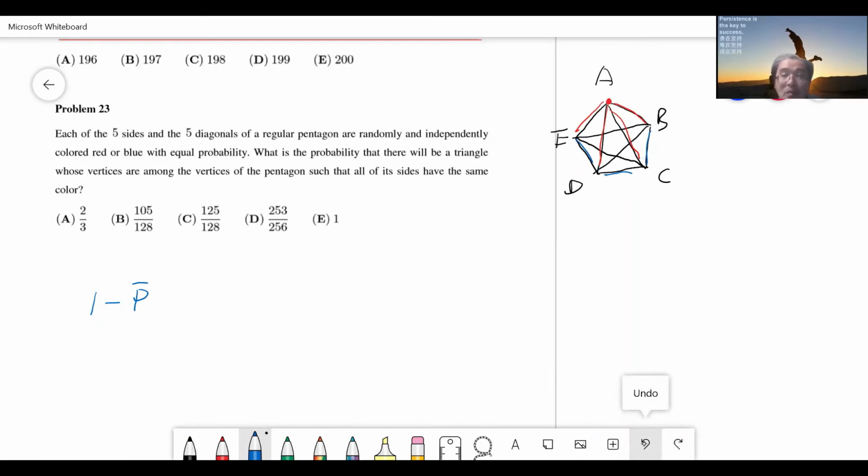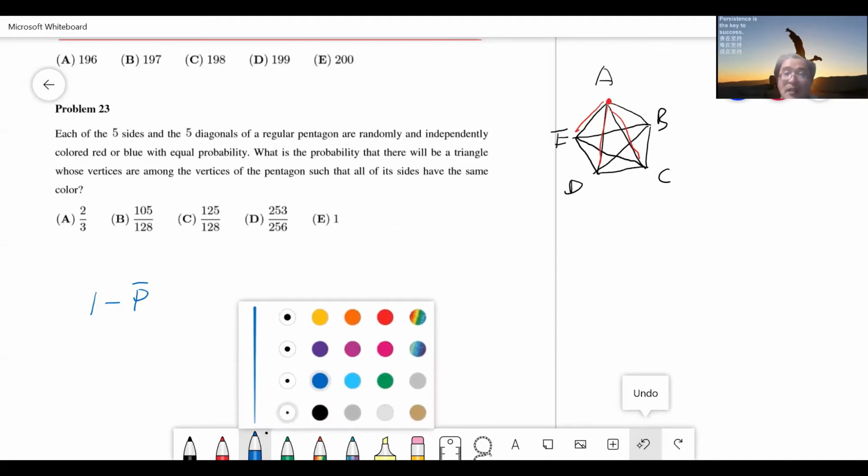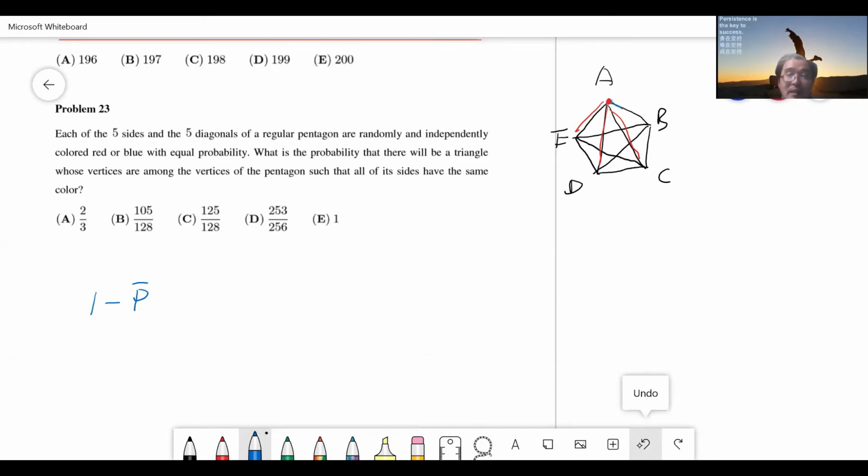Let's say instead of all in the same color, blue or red, none of them work, right? So we're going to look at 3 in one color and 1 in the other color. Suppose this is blue, and these 3 are red. Then this must be blue, this must be blue, and this must be blue.